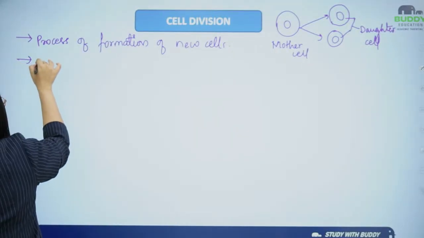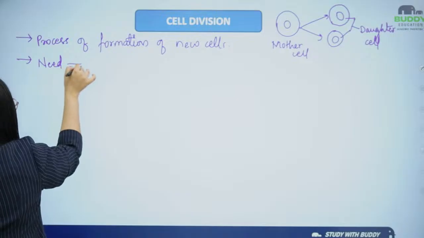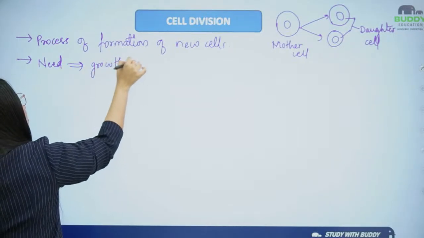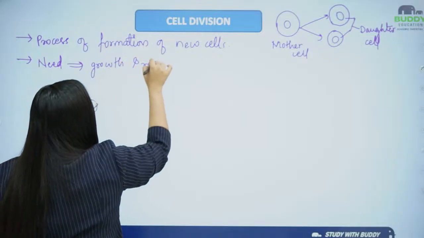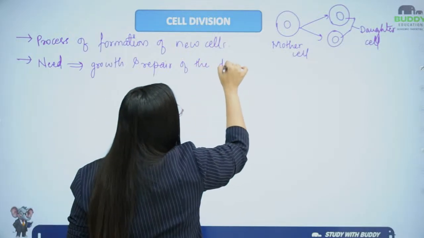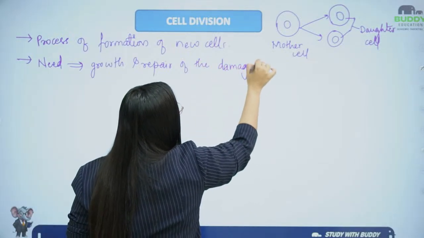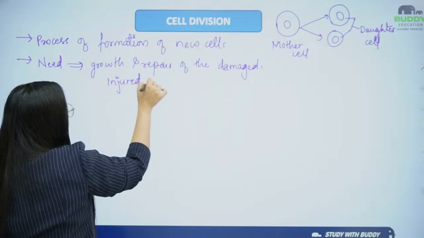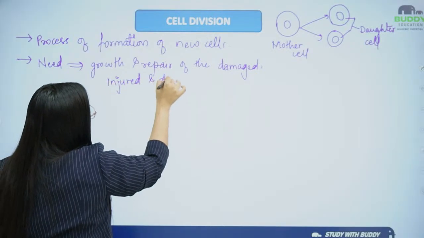Now, what is the need of cell division? The need of cell division is growth and repair of the damaged, injured and dead cells.